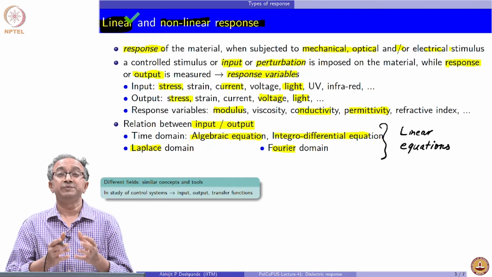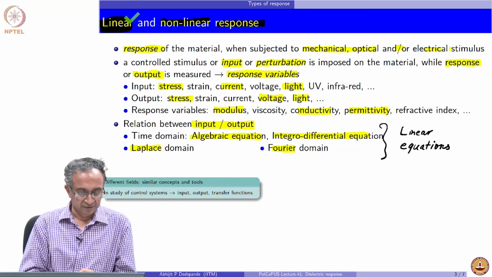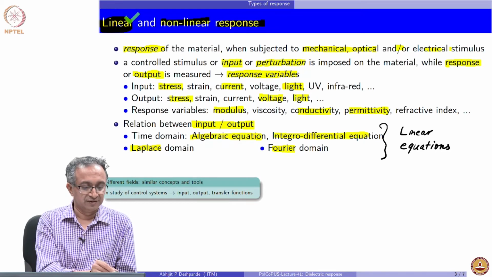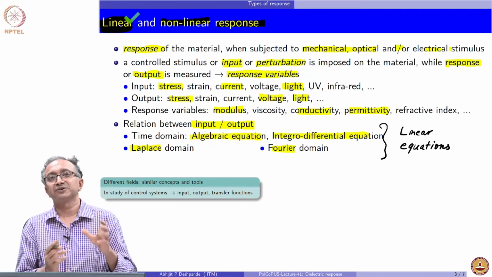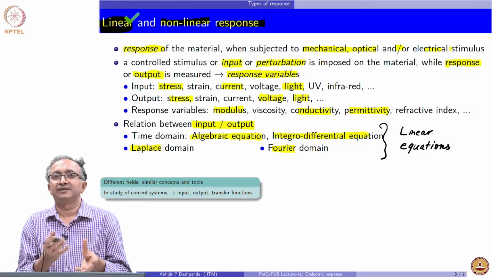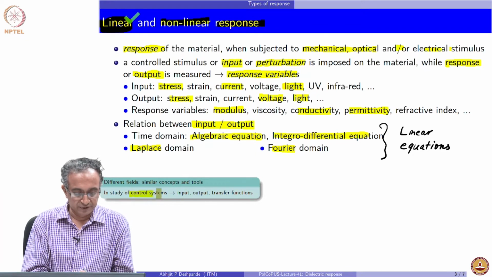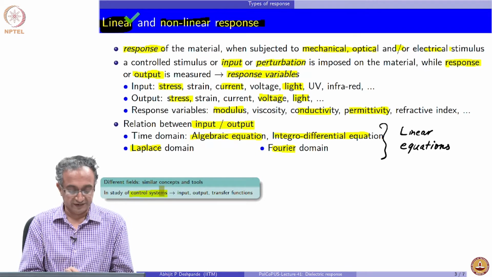And so, what do we mean by this linear response? We will continue discussion. But one other thing that you can see, which is a fascinating aspect of science and engineering, where we take concepts from different fields and then apply them depending on what the need is. Many of you who are students of controls would have recognized the terminology that we have used here.